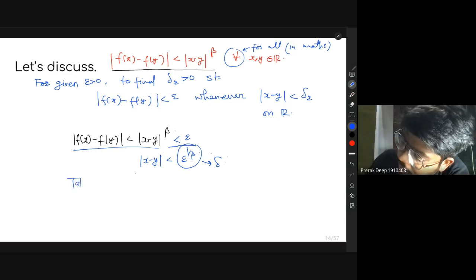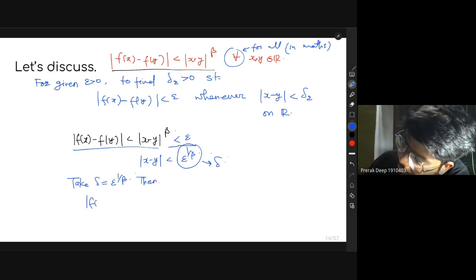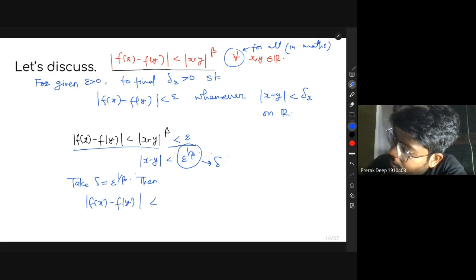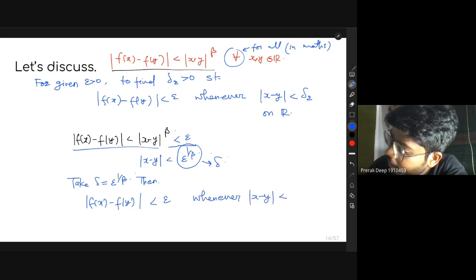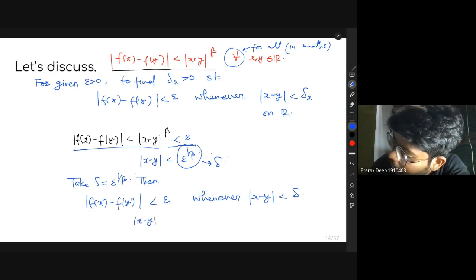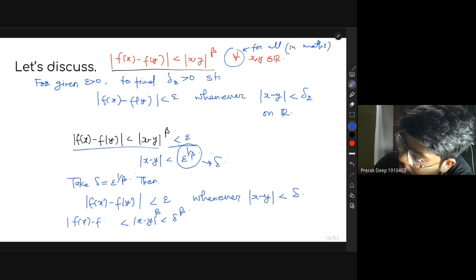So take delta to be epsilon to the power 1 over beta, then your function f x minus f y is smaller than epsilon whenever your x minus y is smaller than delta. How? Because when x minus y is smaller than delta, if you take the power beta over it, this will bound the function modulus.